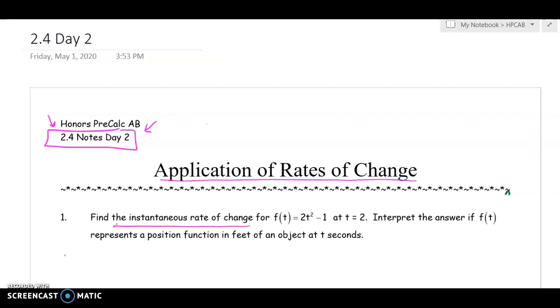We did average rate of change before, between 1 second into takeoff and 5 seconds into takeoff. This is instantaneous. When it's instantaneous rate of change, remember you have to find the limit as h approaches 0 of f of t plus h minus f of t all over h. So that's what we're going to be doing in this problem.